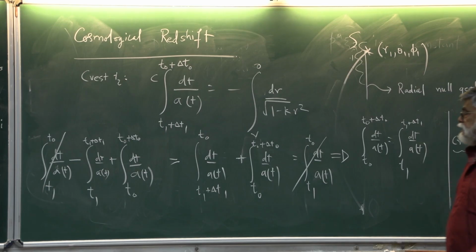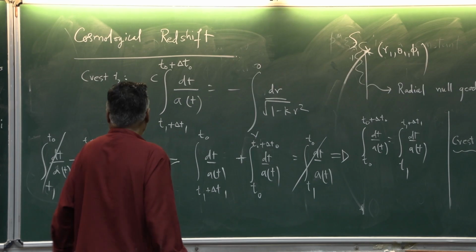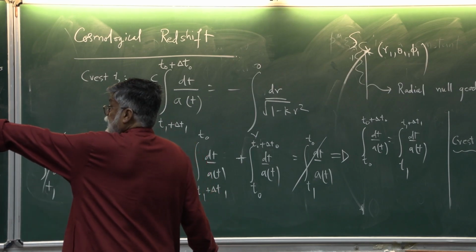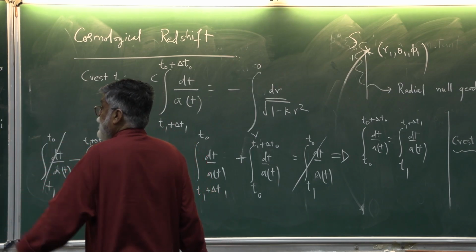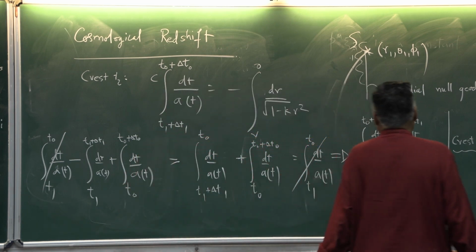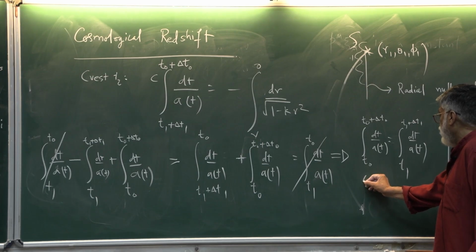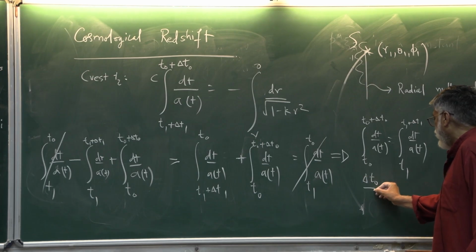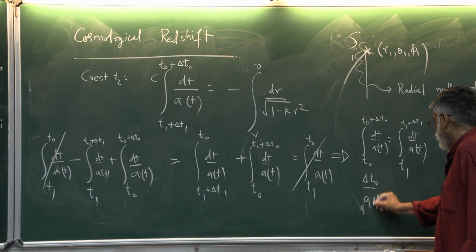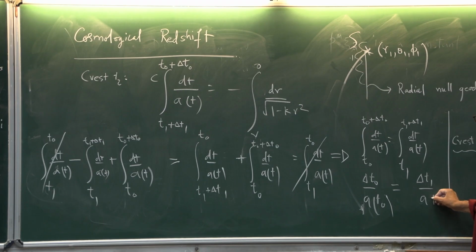Okay, well, there is a minus sign here. And I have already mentioned that the integral from x to x plus delta x of f of x dx, when delta x is very small, is f of x delta x. So this quantity is nothing but delta T0 by A of T0 is equal to delta T1 by A of T1.